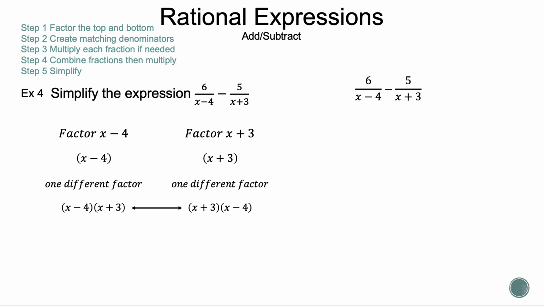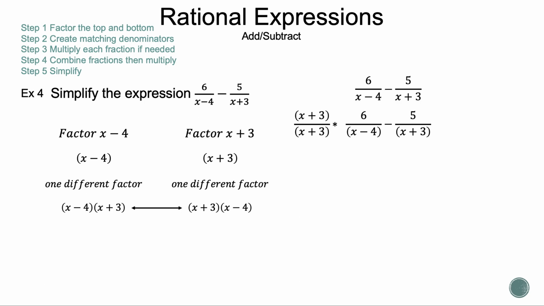What do we think is the first step? That's correct. We're going to multiply 6 over the quantity of x minus 4 by the quantity of x plus 3 over the quantity of x plus 3, so we can have matching denominators. Notice that we put parentheses around each term in the denominator to help us when we multiply.